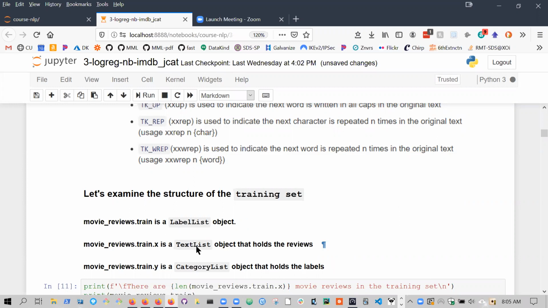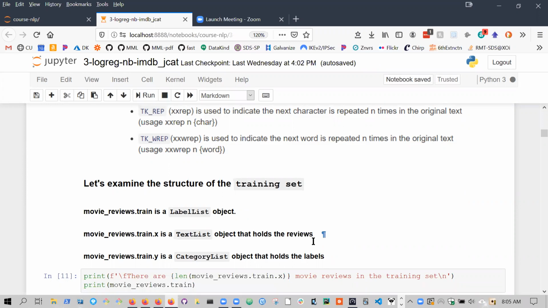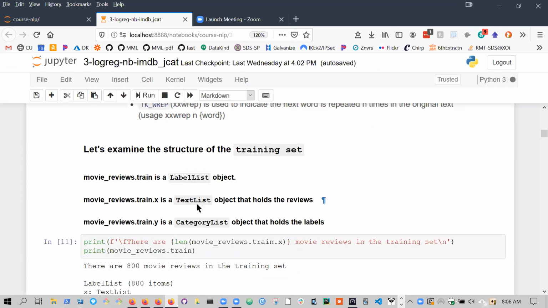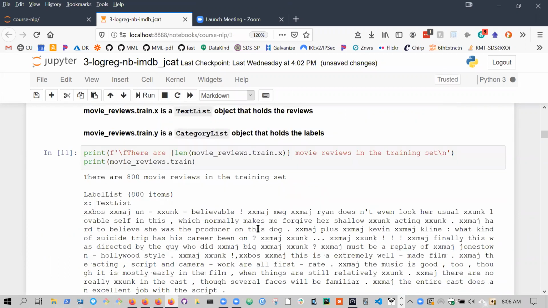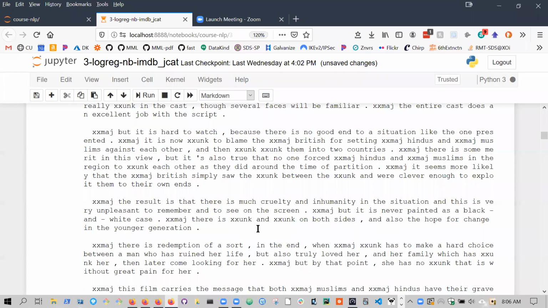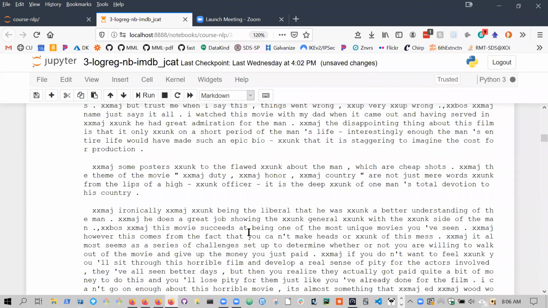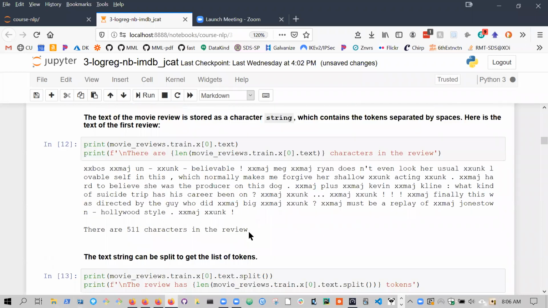The text list object holds the reviews, and the category list object holds the labels. Each of these objects has properties that you can explore by looking at them in more detail. And in this rewritten notebook, I've done a little bit of that. I don't know if any of you have gone through it, but part of what I did was to explore these objects by looking at them systematically.